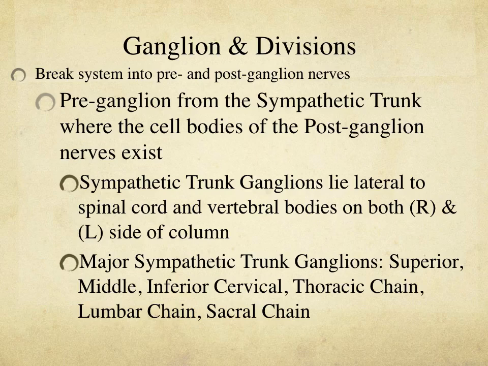The preganglions are all coming to the sympathetic trunk, and then from the sympathetic trunk, we now have postganglions that are heading out into distinct chains, plexuses, and then cords, which will form the nerves of the sympathetic nervous system. So the major sympathetic trunk ganglions we need to be aware of are the superior, middle, and inferior cervical, the thoracic chain, the lumbar chain, and then the sacral chain.